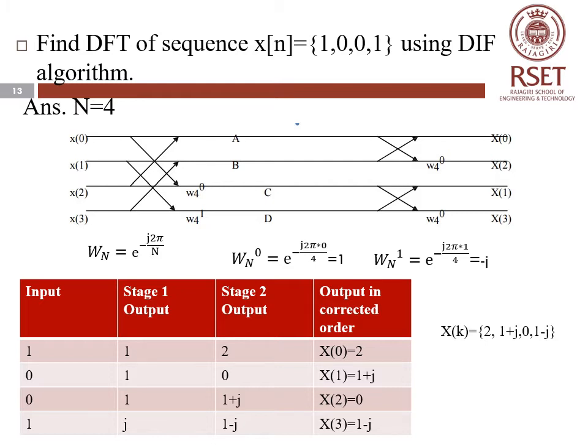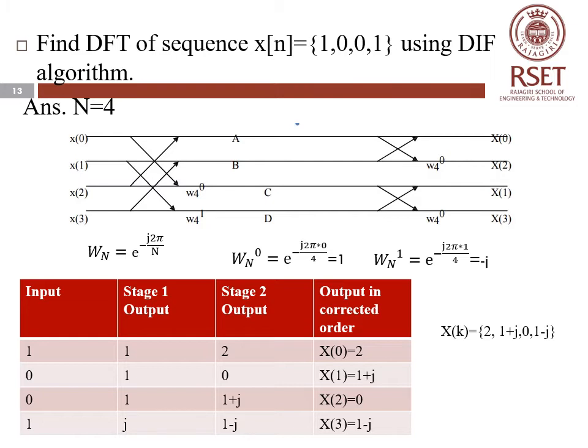Now for the output of stage 2, you have simply additions and subtractions at the output. So X(0) is 1 plus 1, which is equal to 2, and X(2) is 1 minus 1, which is equal to 0. Then X(1) is 1 plus j, and X(3) is 1 minus j.